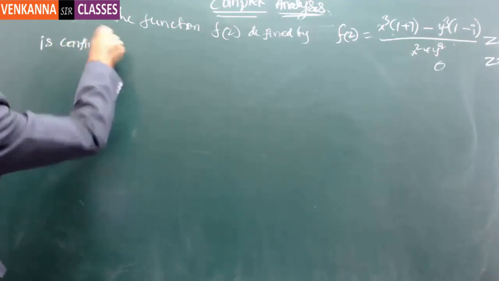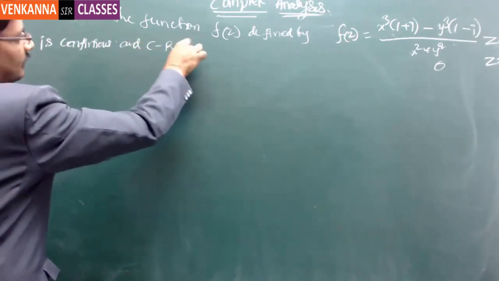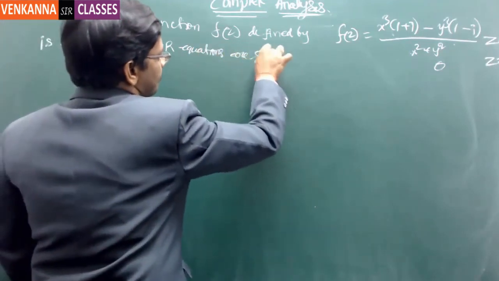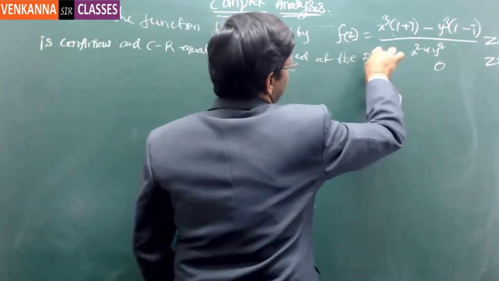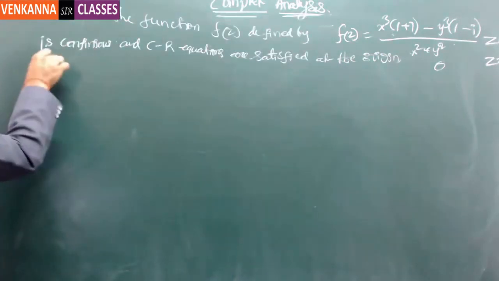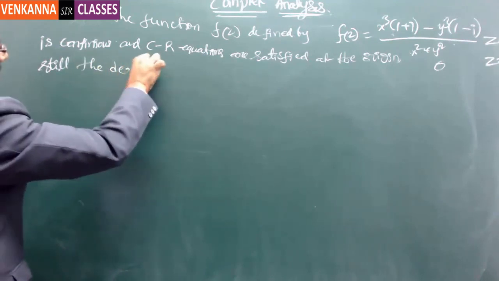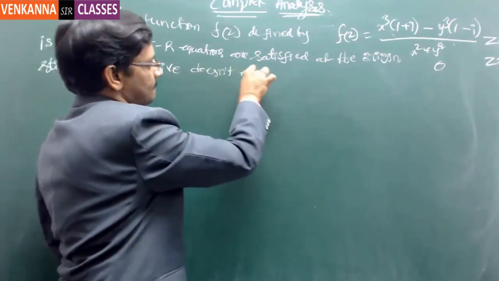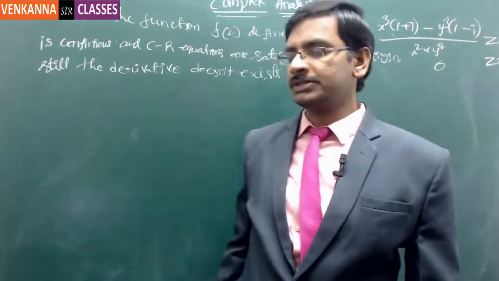You have to prove whether this function is continuous or not, and the CR equations are satisfied at the origin, but the derivative doesn't exist. Can you prove this? I'll give you 5 minutes to try to prove this.